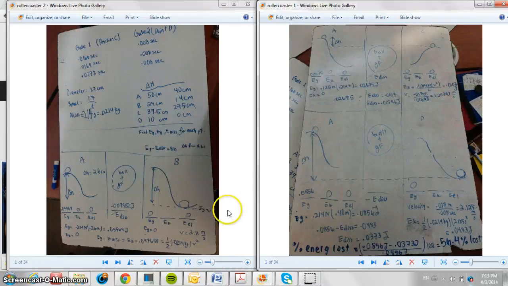Okay, so here we have the Rollercoaster Lab Practicum, and at point A, we figured out the gravitational potential energy at A, and we used a reference point at point B, and so that was 0.24 meters.